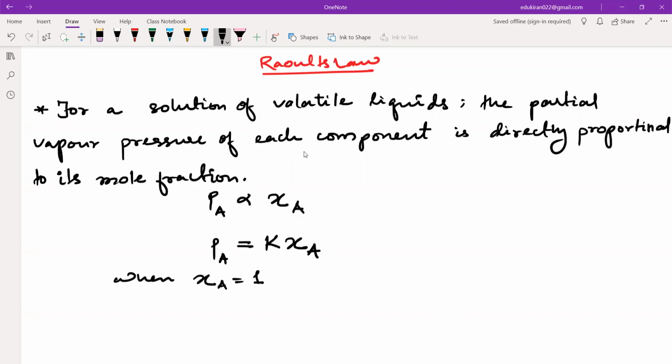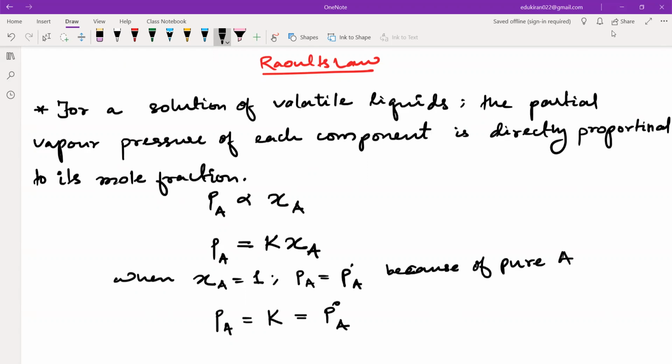So now, please listen very carefully, when chi A is equal to 1, then PA is equal to K, and this will be equal to P naught A. Because when chi A is equal to 1, PA will be equal to P naught A, because of pure A. When the mole fraction is 1, that means you only have A in the solution.